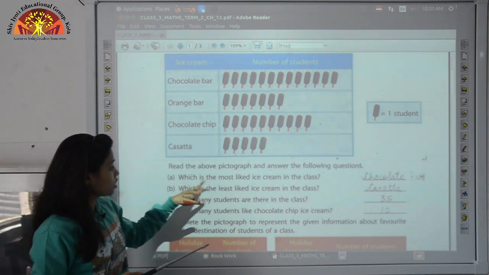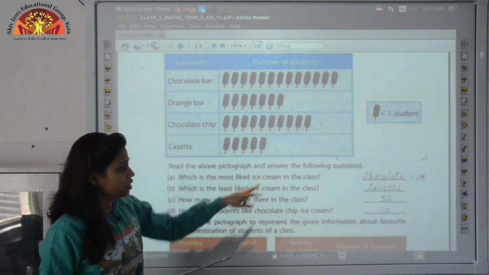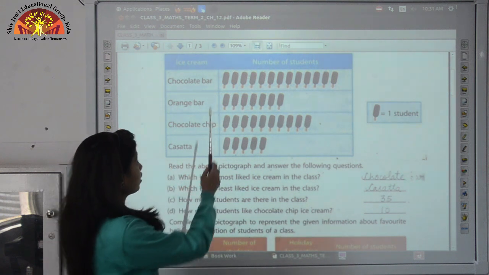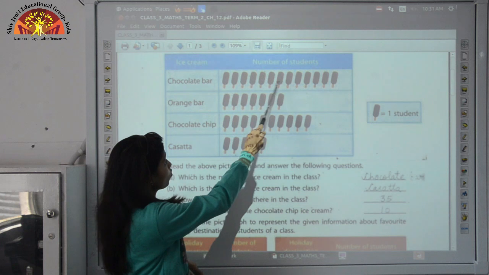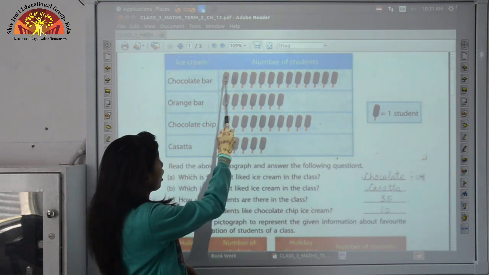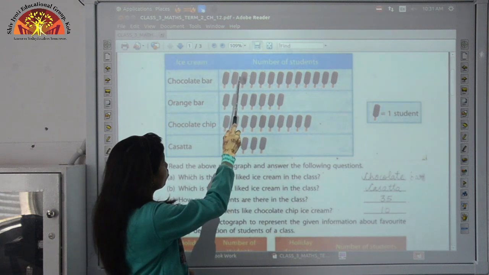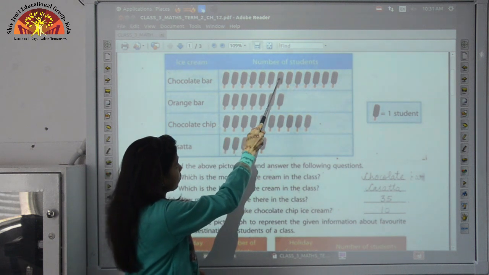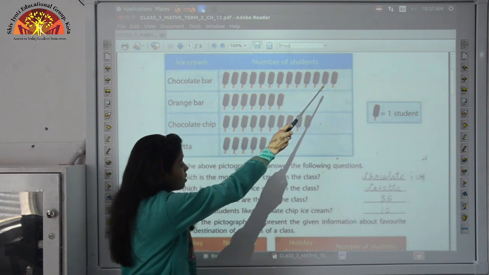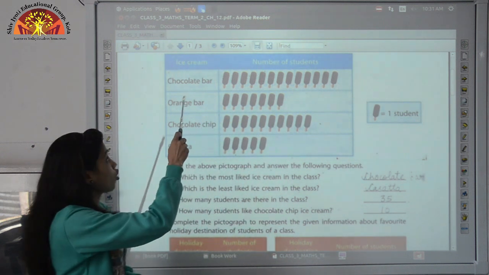Based on this information, we are going to answer this question. Now A part, which is the most liked ice cream in the class? Here as you can see, more number of ice creams are given. That means how many ice creams are given? 1, 2, 3, 4, 5, 6, 7, 8, 9, 10, 11, 12 and 13. That means 13 students like chocolate bar.